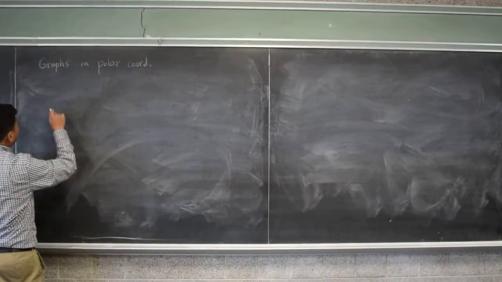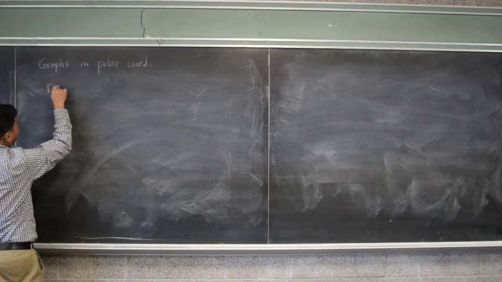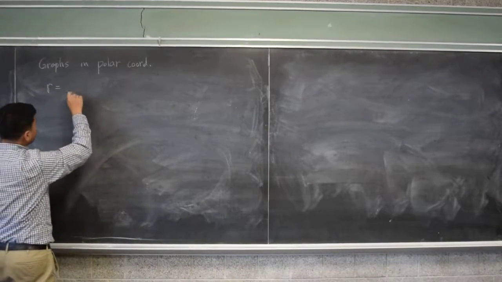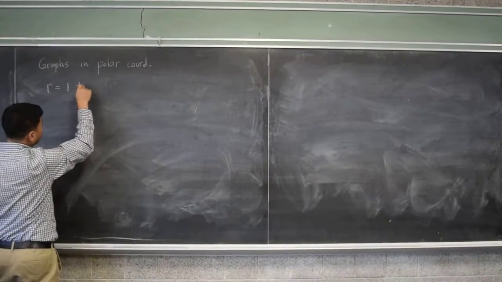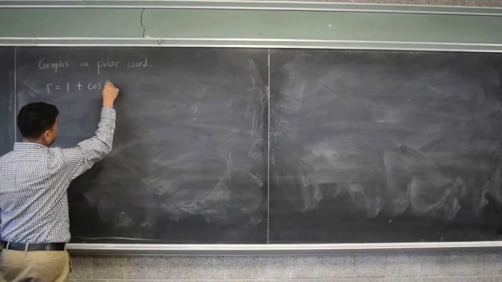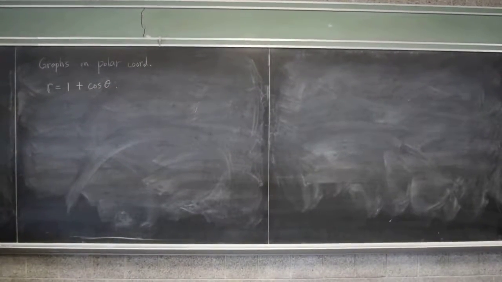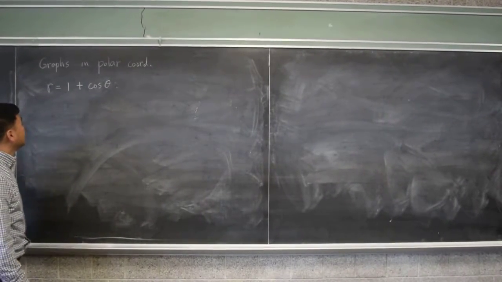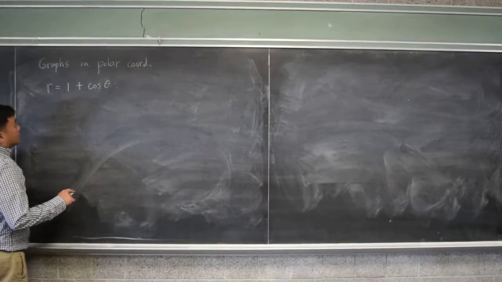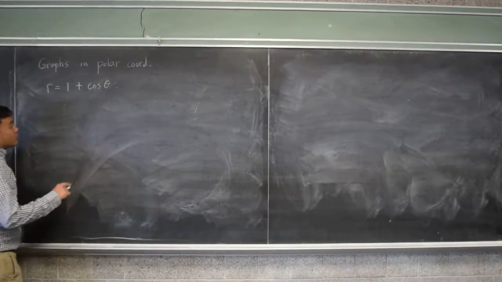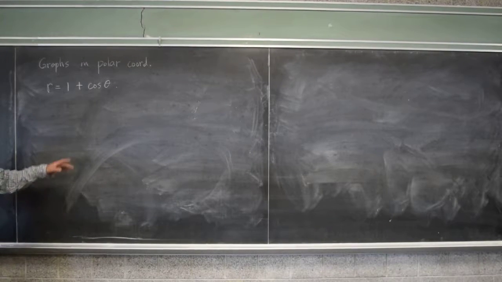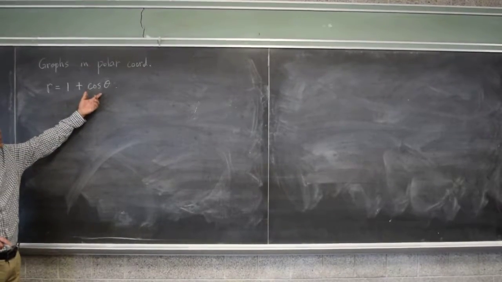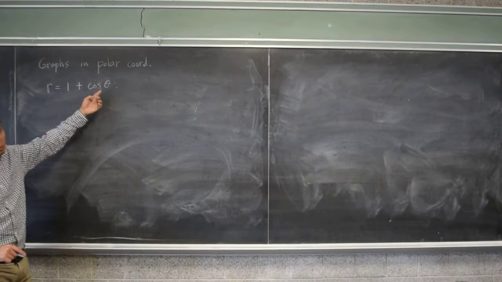Let's think about the following graph. R equals 1 plus cosine theta. Now, one thing to notice is that this graph is periodic with respect to theta, right?